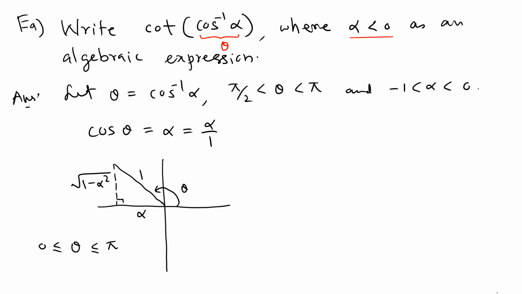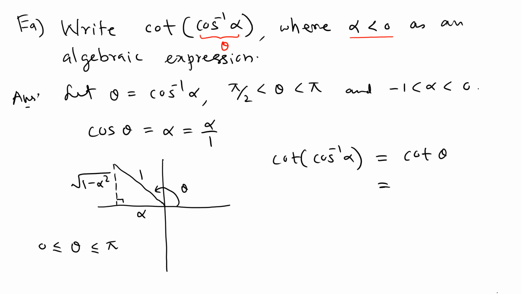Now we can use this to find the cotangent value. So what we need is cotangent of cosine inverse alpha, which is simply cotangent theta.